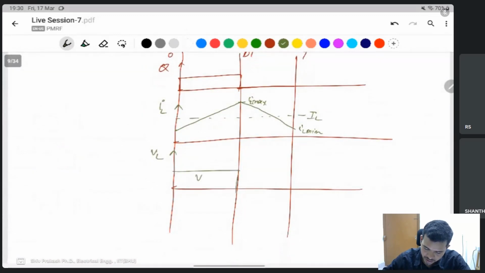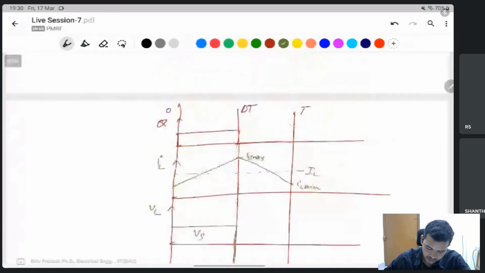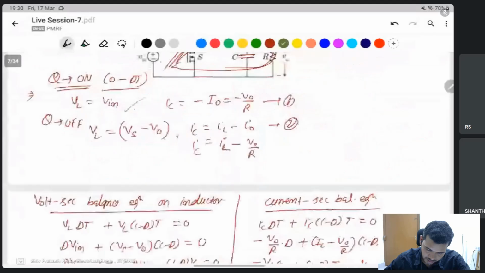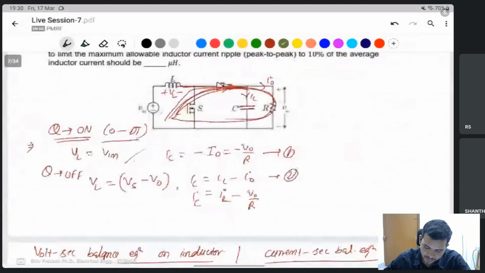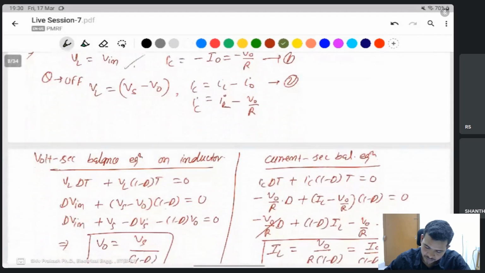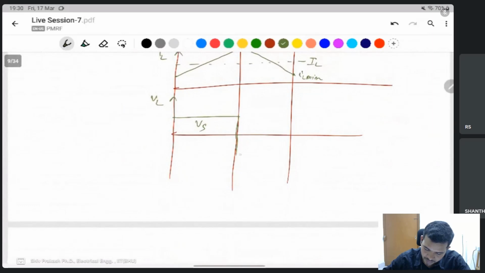Say this is V in, Vs. And when the switch is off, Vs minus V naught is applied. It is negative because the V output is greater than the Vs in a boost converter. That's why there is negative.